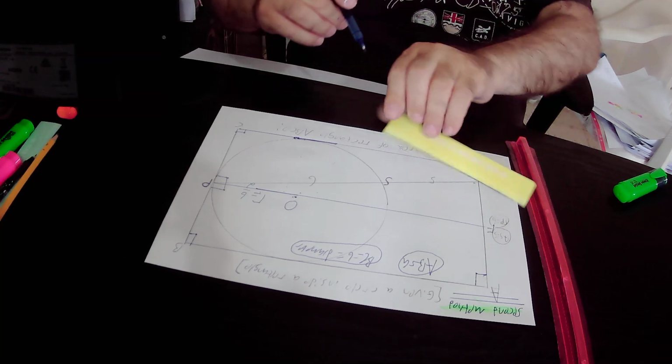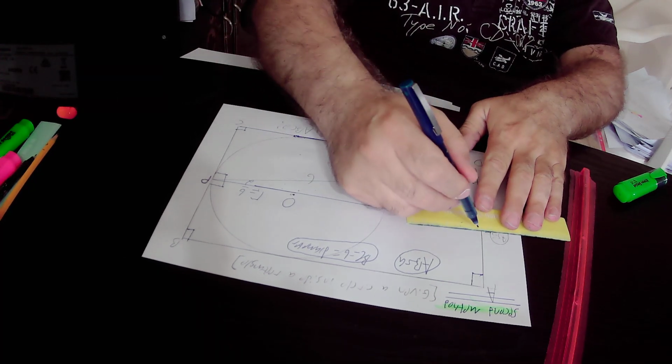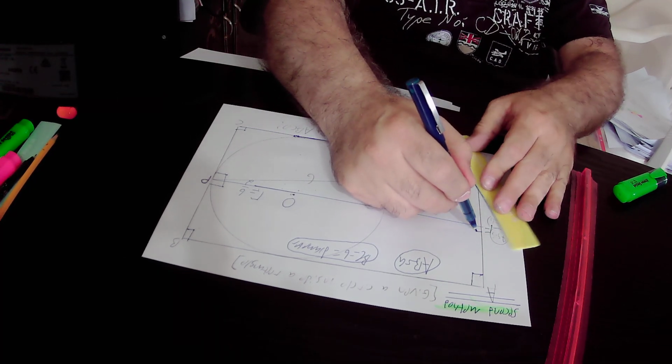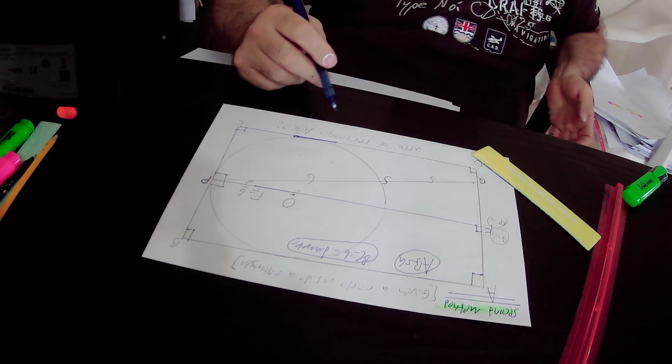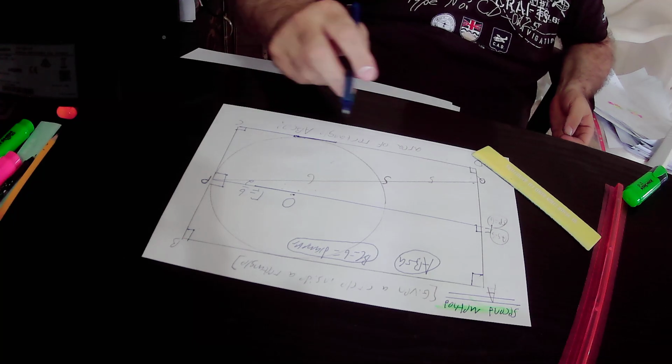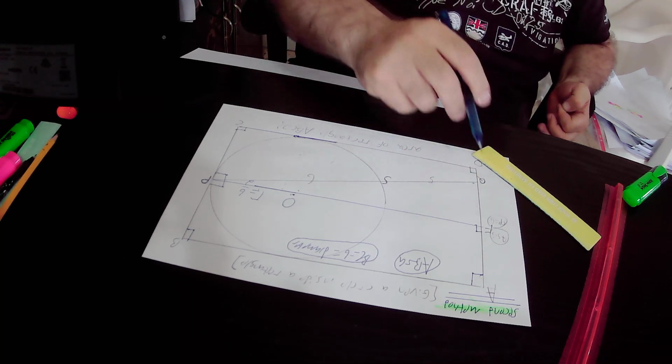Therefore, the fourth angle must also be equal to 90 degrees. So actually, this quadrilateral ABFP has 3 right angles, therefore the fourth angle must be equal to 90 degrees.